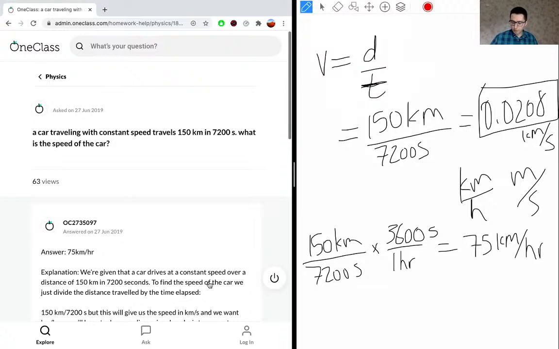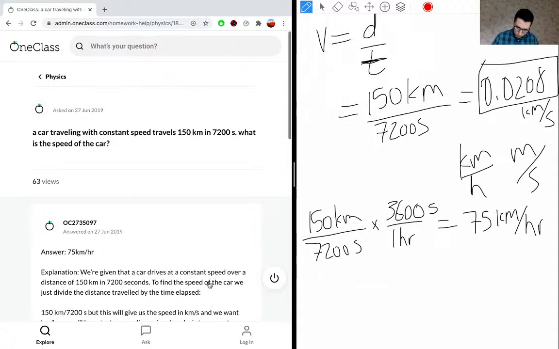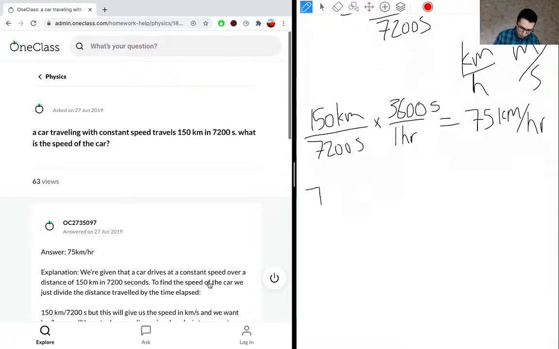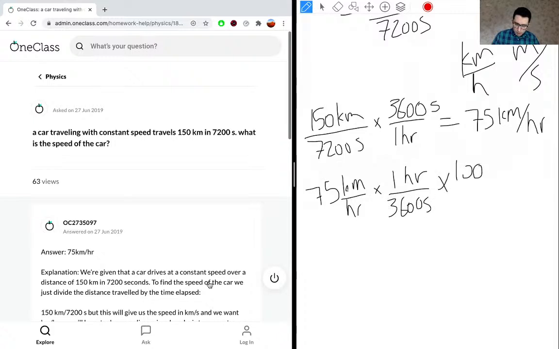We can also convert 75 kilometers per hour into meters per second if we wanted to. To do this, we multiply by 1 hour over 3,600 seconds, and we also multiply by 1,000 meters per kilometer.